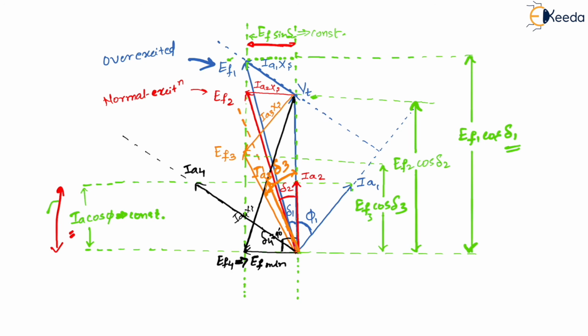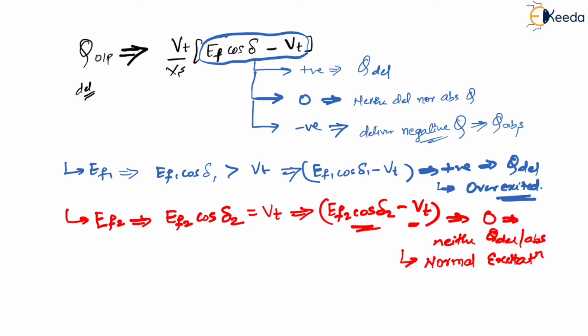Now if you observe what has happened, Vt is more, and EF3 cos delta 3 is less, correct? So for EF3, EF3 cos delta 3 is less than Vt.